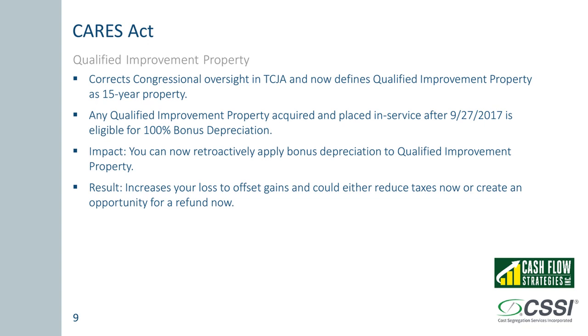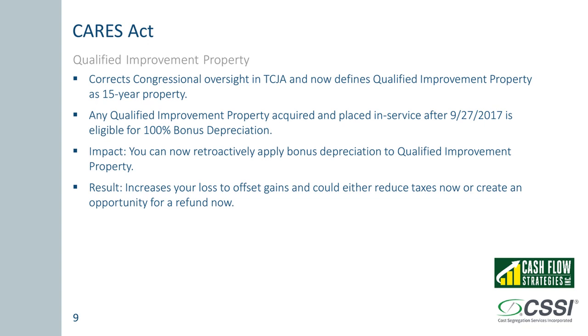They've also changed how qualified improvement property is handled. Basically, they fixed a congressional oversight back in 2017 in the Tax Cuts and Jobs Act. They now define qualified improvement property as 15-year depreciable property, which means that if it was acquired and placed in service after September 27th of 2017, it's eligible for 100% bonus depreciation in that first year.